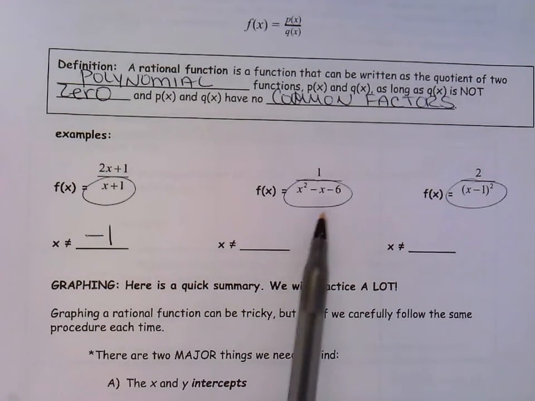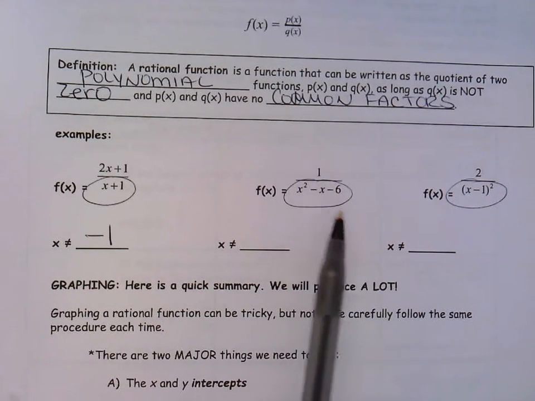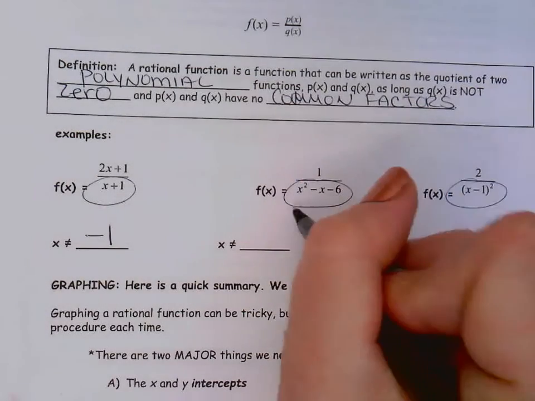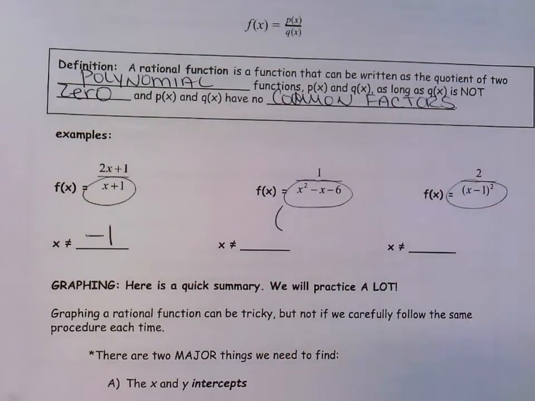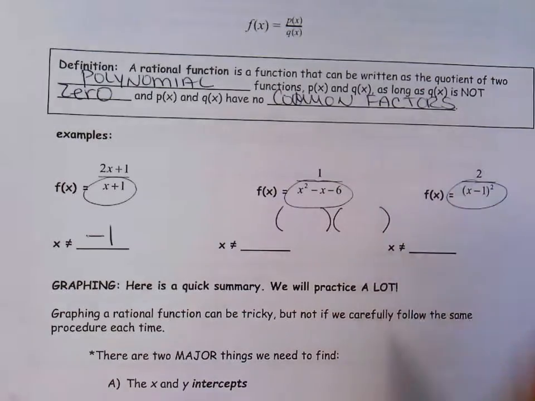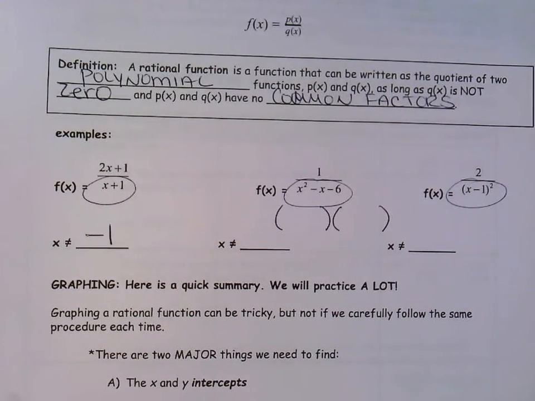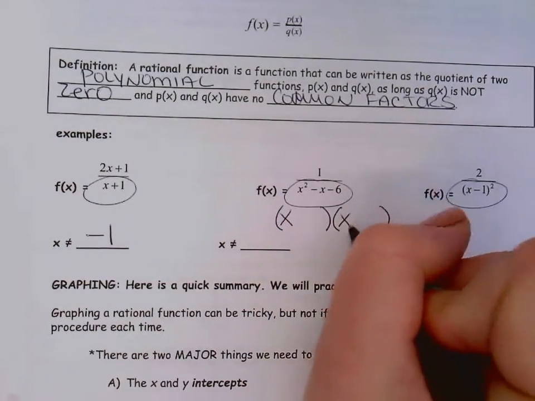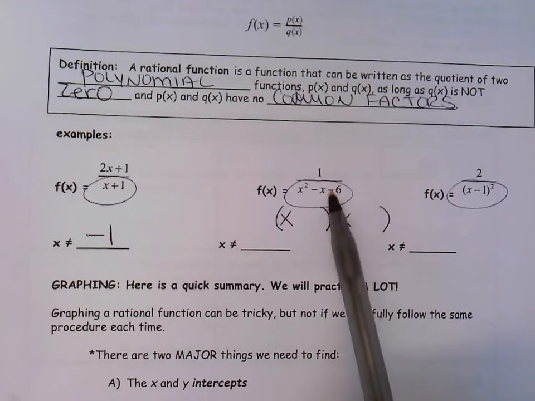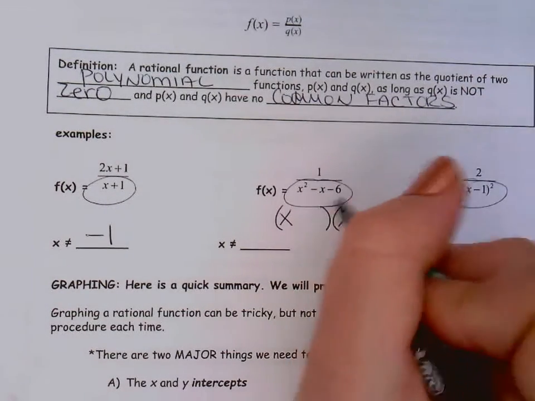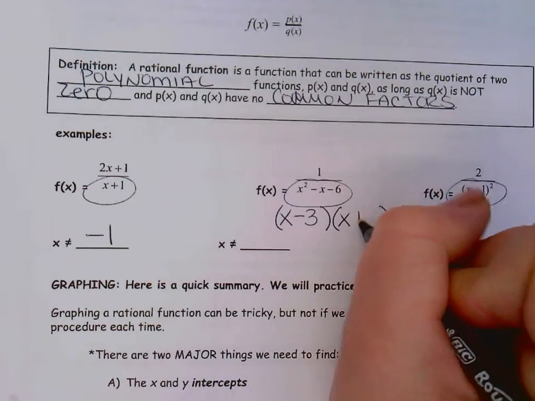In number 2, you might not be able to tell because this is in standard form. So hopefully now we could quickly put it into factored form without having to think too hard, right? I'm looking for the factors of -6 that add up to -1. So -3, +2.